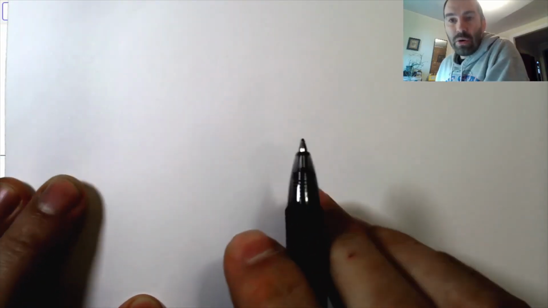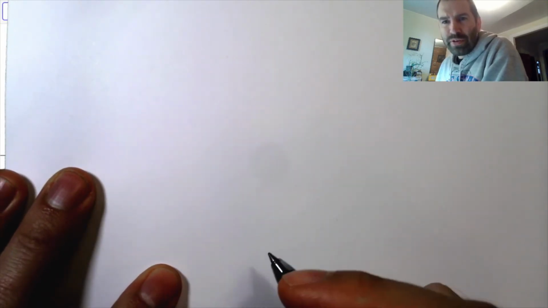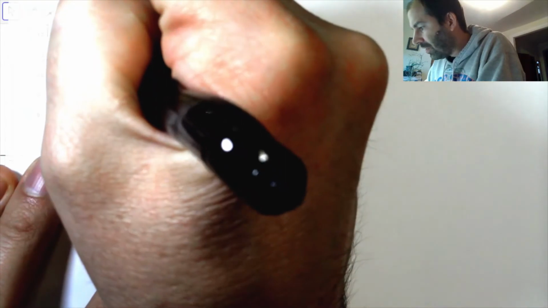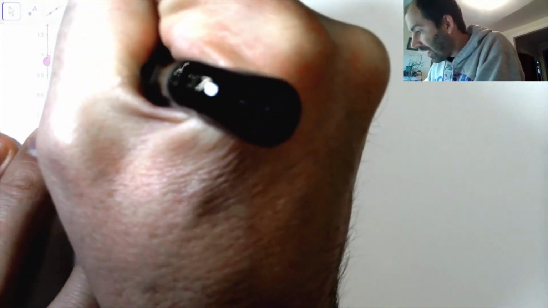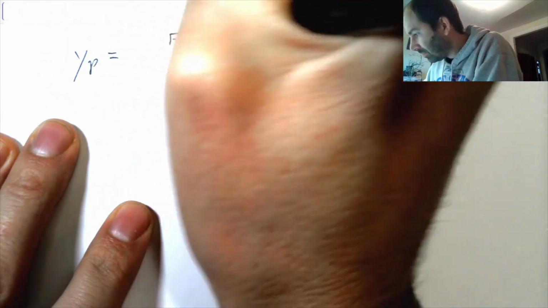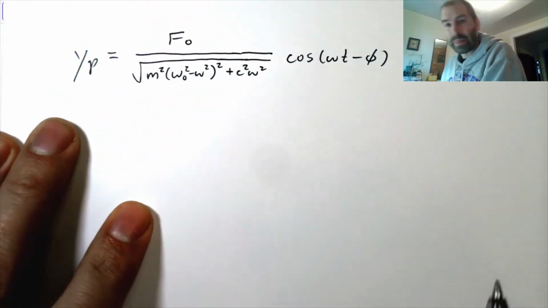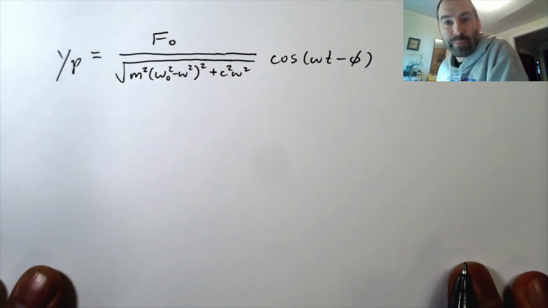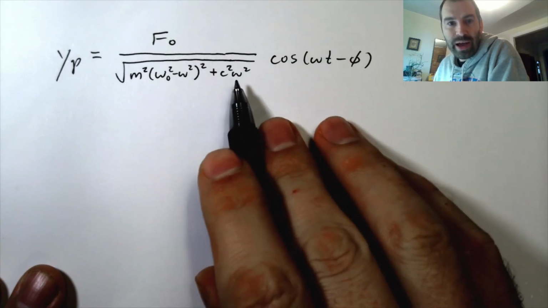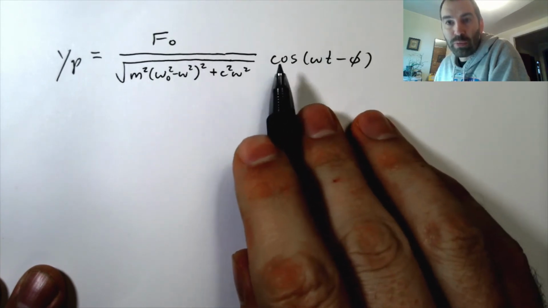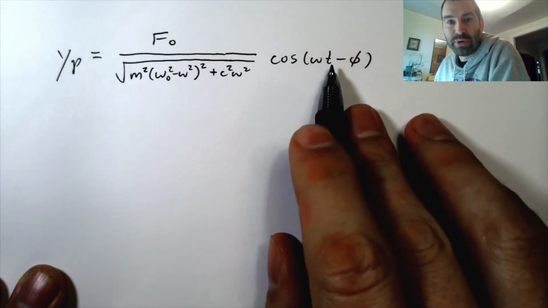Now, I'm not going to go through the steps to find this. We've talked about this in previous videos, so this is a good exercise for you. You can find the steady state component. And what you'll see is that it looks like this. We can write it in this form. And as I said, in a previous video, we talked about how to put the solutions into this form where they're just written in terms of a single trig function in terms of some phase shift parameter here.